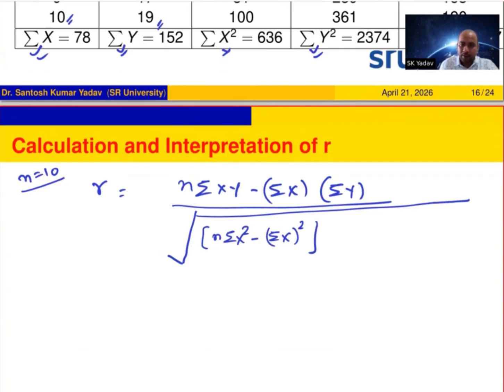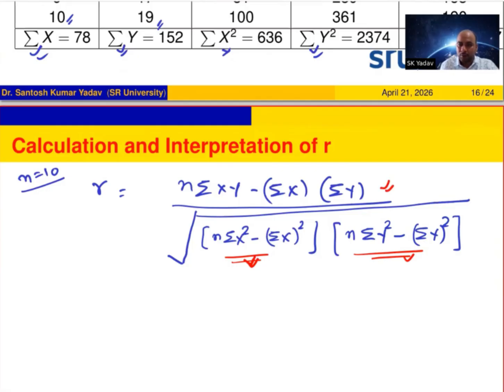So this is in one bracket, and in the other bracket n times summation y square minus summation of y whole square. So it's easy to remember also. These terms correspond to the variance of y, and this term corresponds to the variance of x, and this comes from the covariance of x and y.